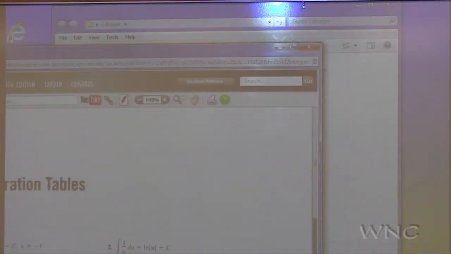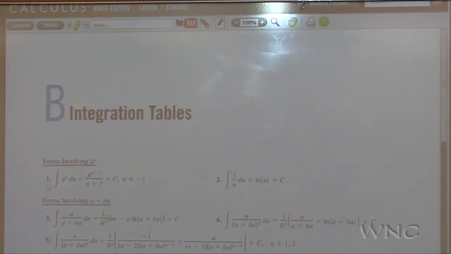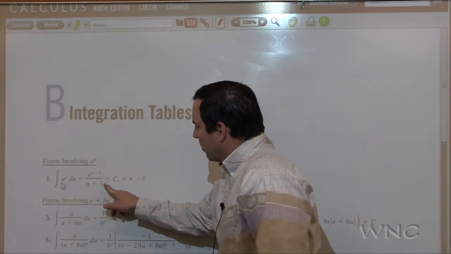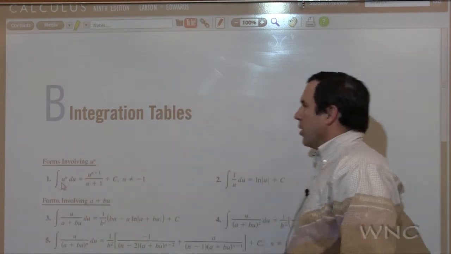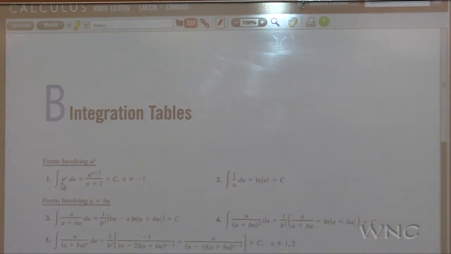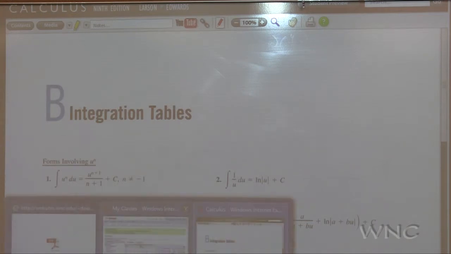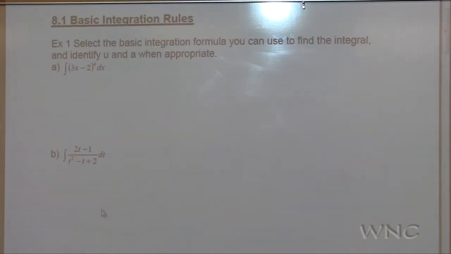Here it is. The integral of u to the n du is u to the n plus 1 over n plus 1 plus c. That's the one we're going to use here, where our u is going to be that 3x minus 2.